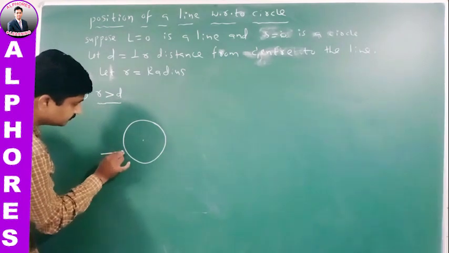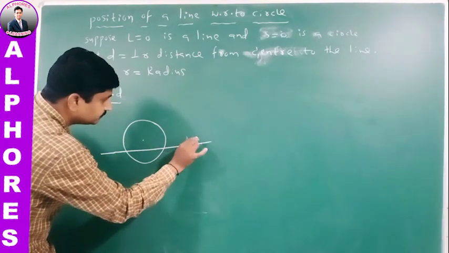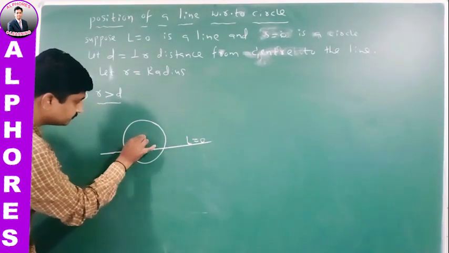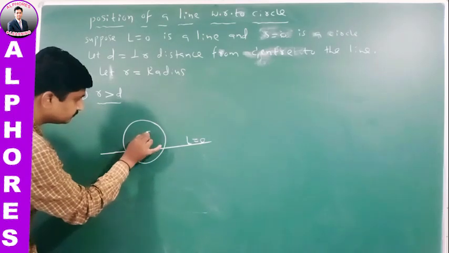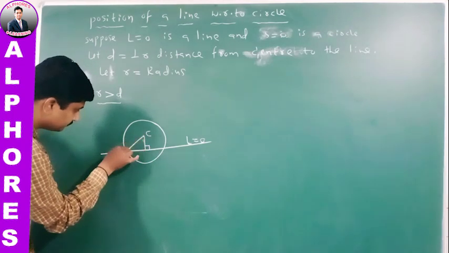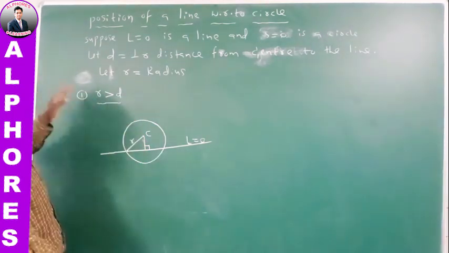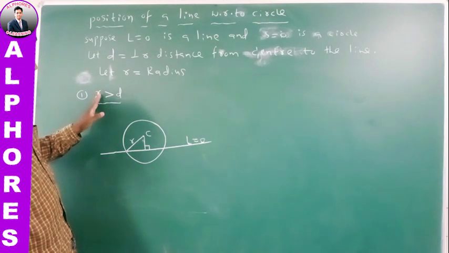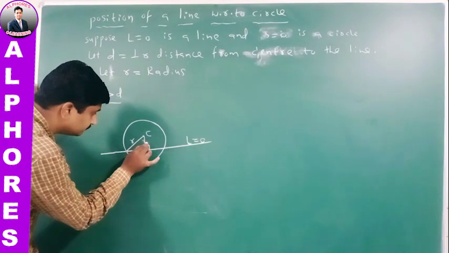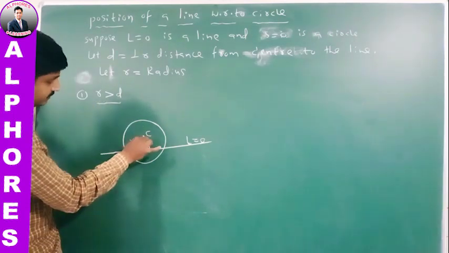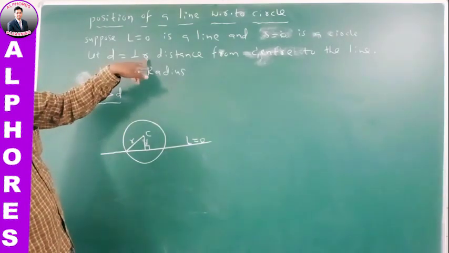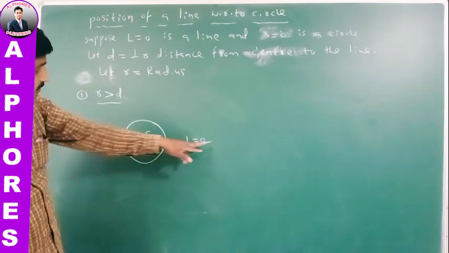This is the line L equals 0. This is R. Here what is D? This is D in this diagram. D means the perpendicular distance from the center to the line.